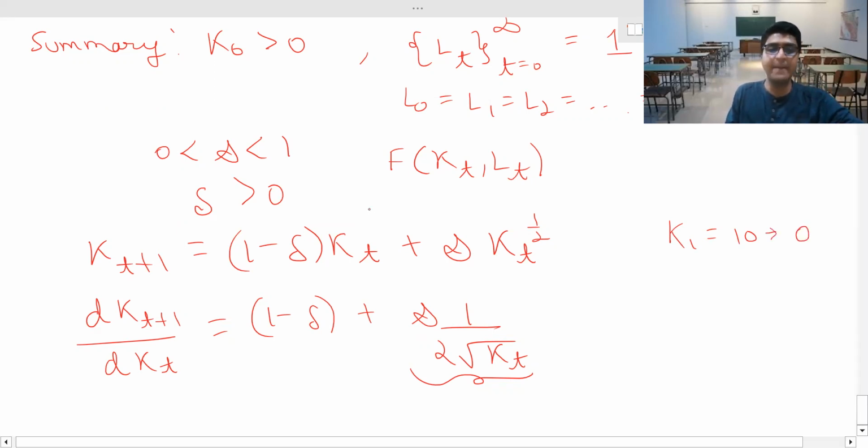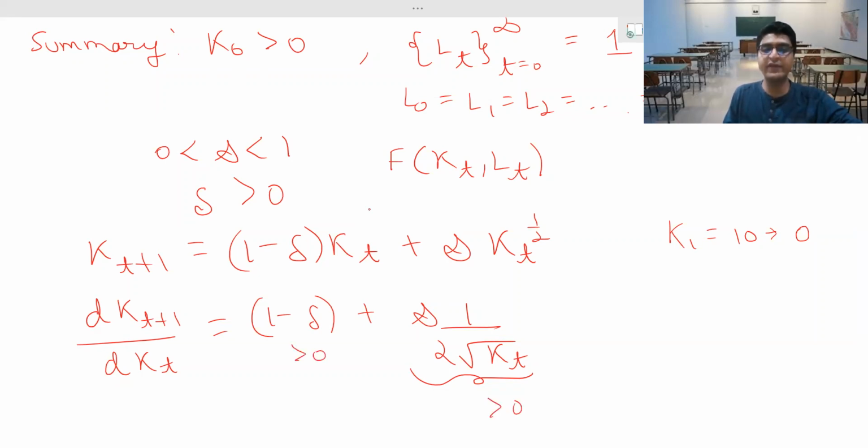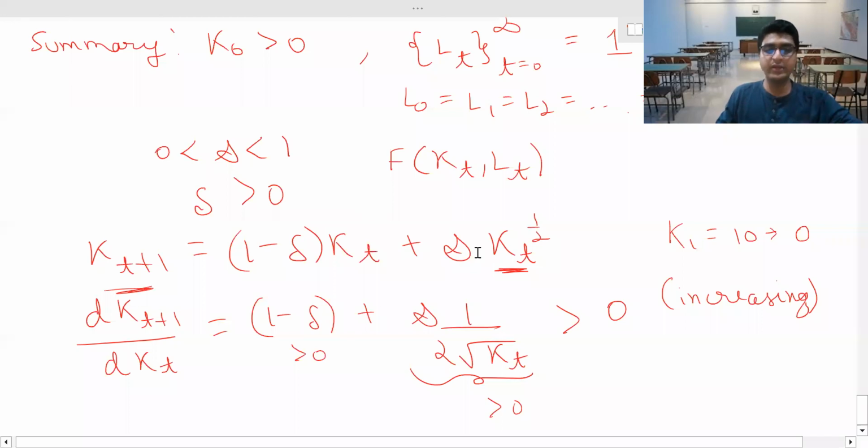So basically depreciation rate has to be something in fractional terms. It cannot be more than 100%. So this thing is also positive. So overall this thing is positive, which means that it is an increasing relationship. So if K_t increases, then K_{t+1} also increases. Okay, what else?